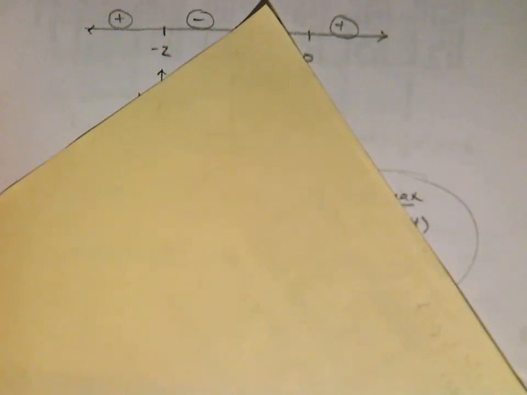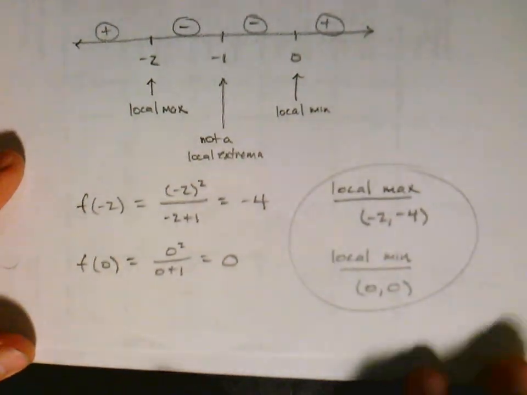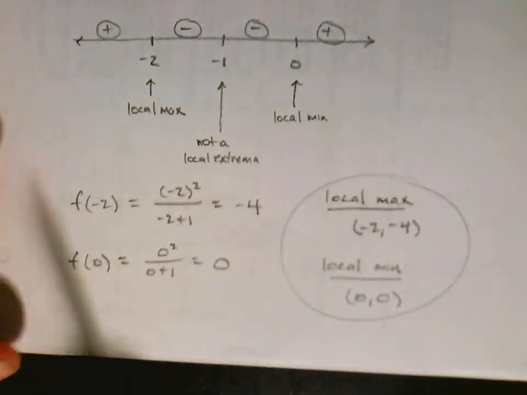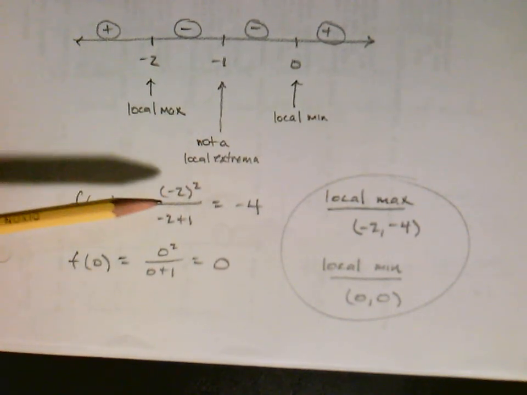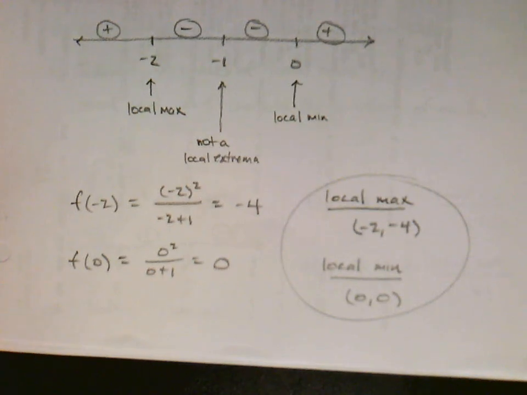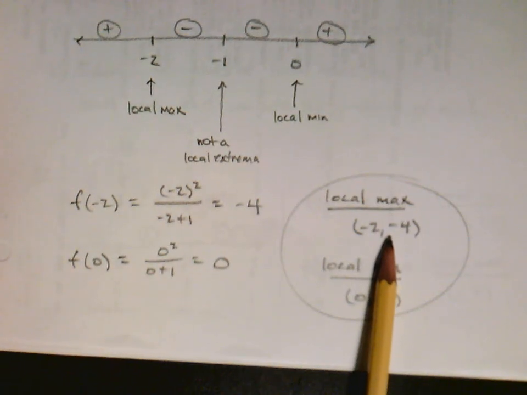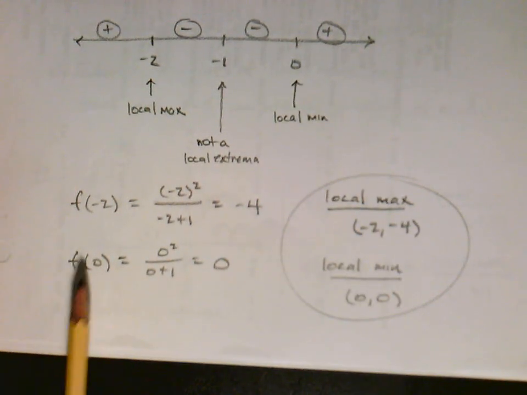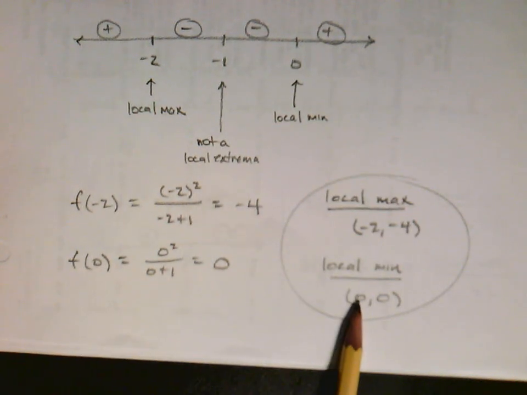Oh my goodness, I just hit it with the side of my hand there. This will finish the problem, plugging -2 in. The original function was x squared over x plus 1. That gives me -4. So there's a local max at (-2, -4). I'll take the 0, plug it back into the original. Well, that just gives me 0. So there's a local min at (0, 0).